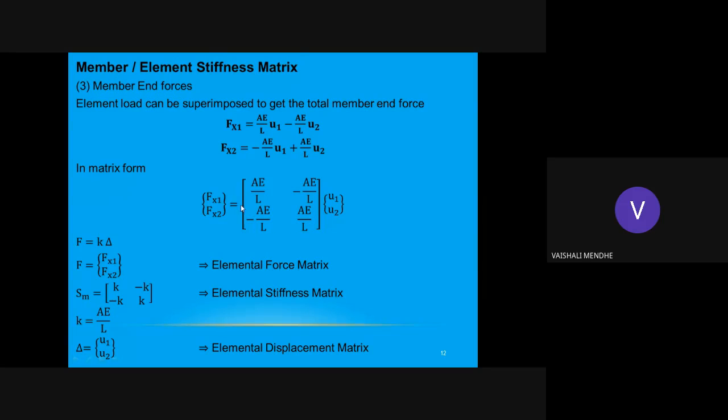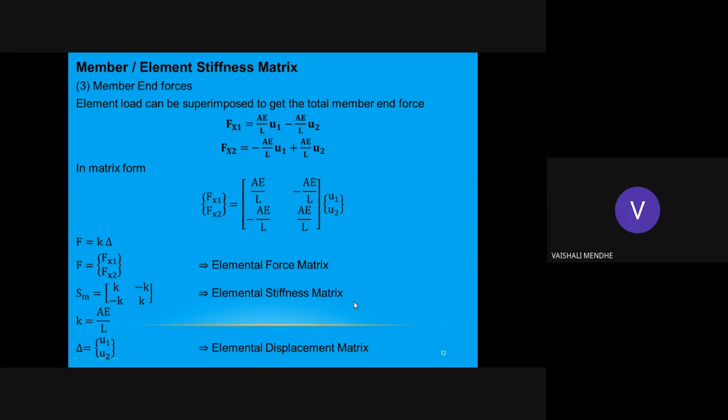This matrix you have to learn, and it is used for the analysis of the problems. It is denoted by SM, which is equal to K, and K is equal to AE by L. It is called the elemental stiffness matrix along member axis. This is the first derivation I completed in the last class.